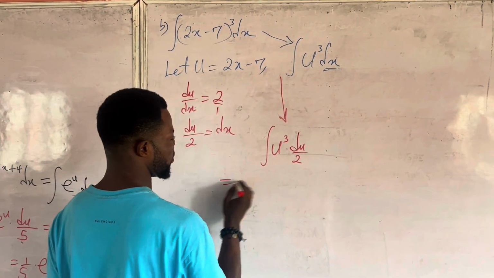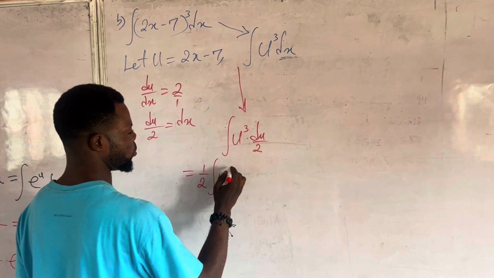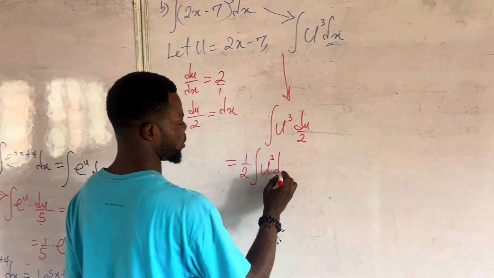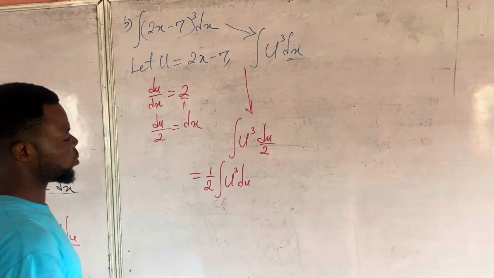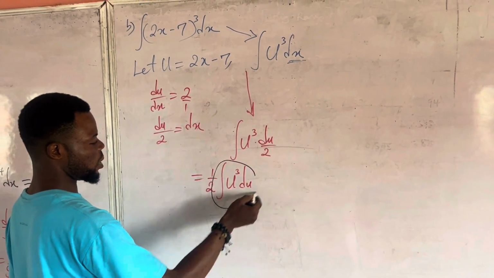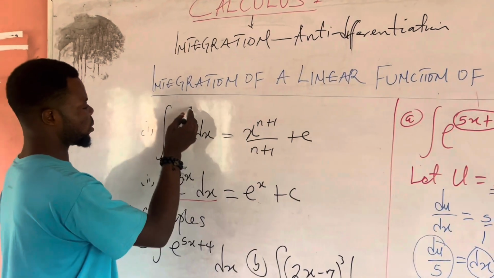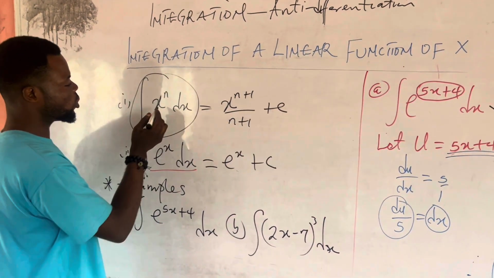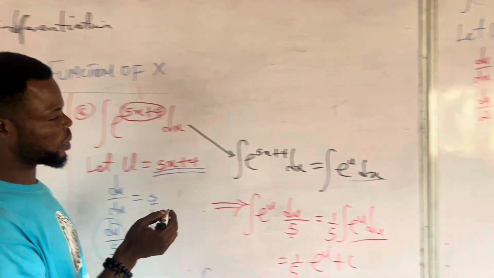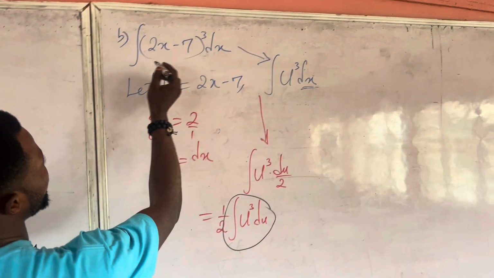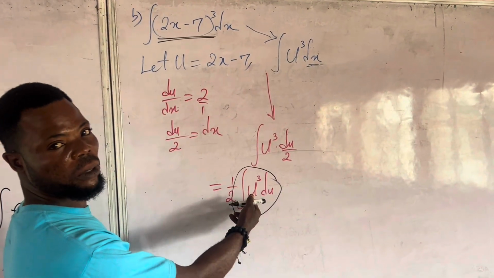So this gives us, when the 1/2 comes out, the integral of u raised to the power of 3 du. Everything here is still the same as the previous method. All we did is replace dx by this.